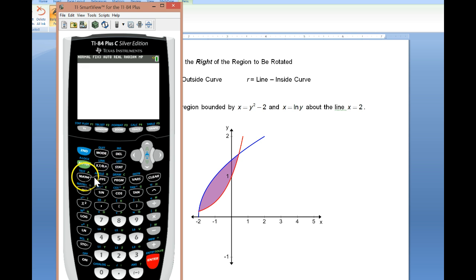I put my bounds in wrong. I have to change my axis of rotation, that's why.